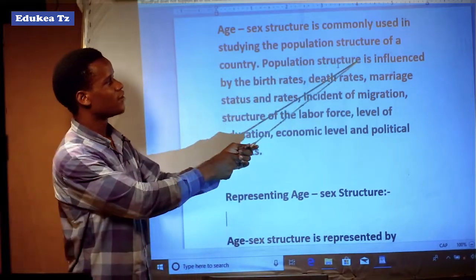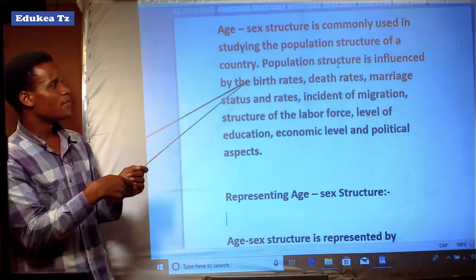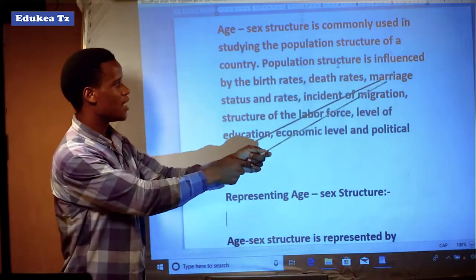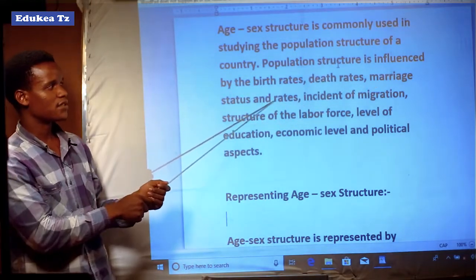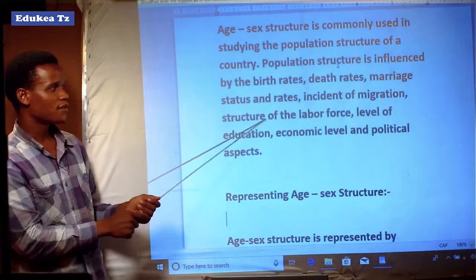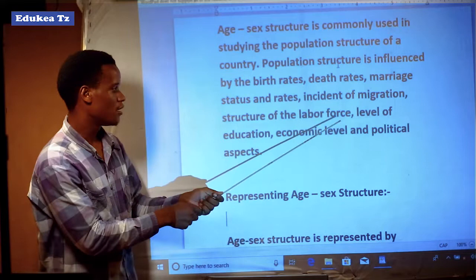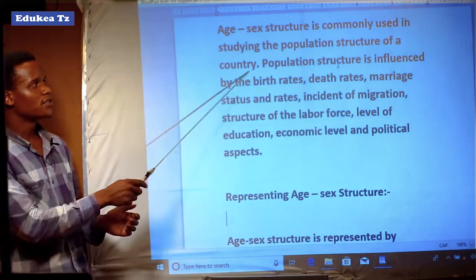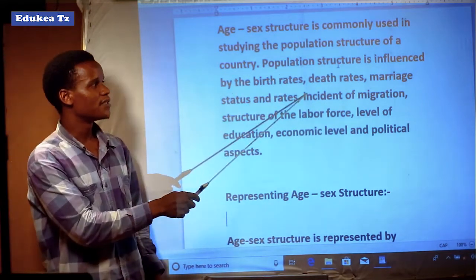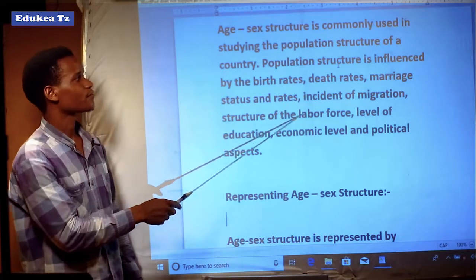Population structure is influenced by birth rate, death rate, marriage status and rates, incidence of migration, structure of labor force, level of education, economic level, and the political aspect. All these things tend to influence the population.